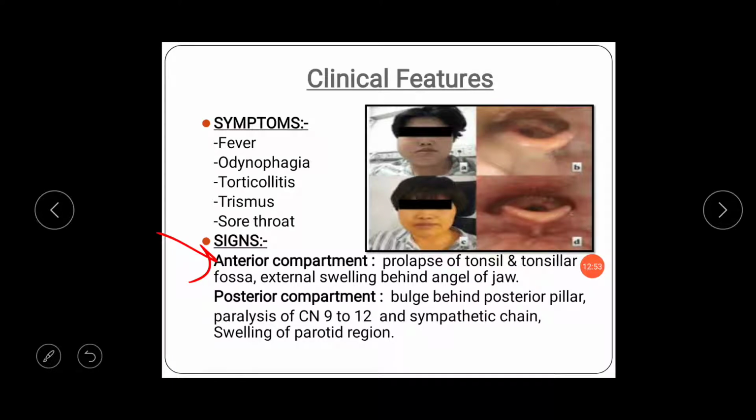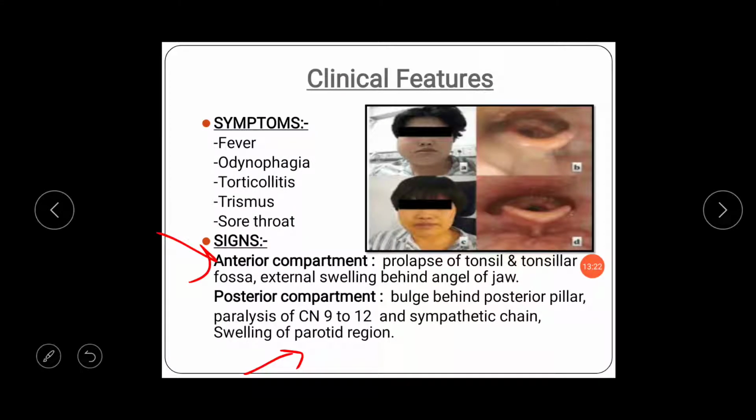On posterior compartment involvement, there is a bulge behind the posterior pillar. There will be paralysis of the 9th to 12th nerves and the sympathetic cervical chain. Swelling is usually present over the parotid region, as the parotid gland is situated lateral to the parapharyngeal space.